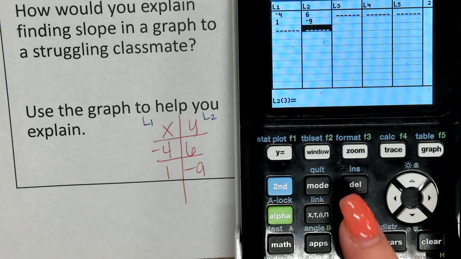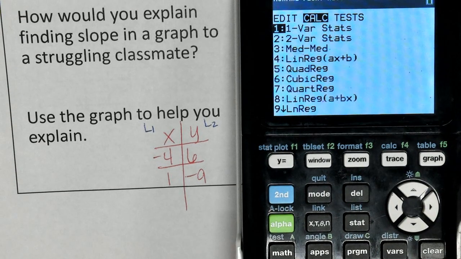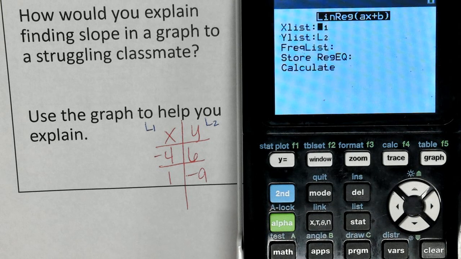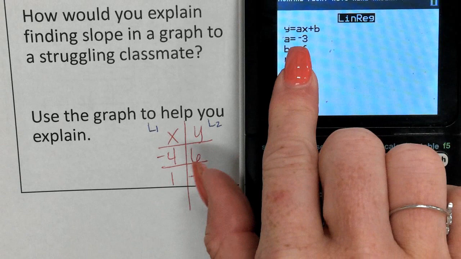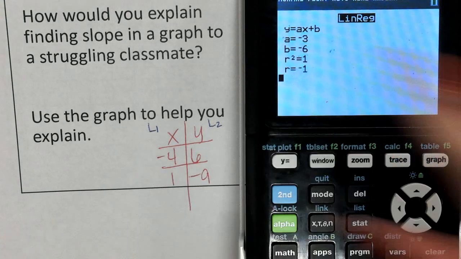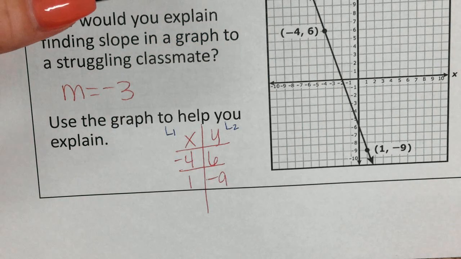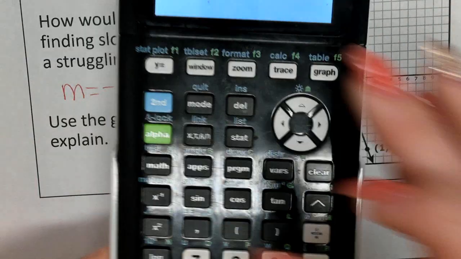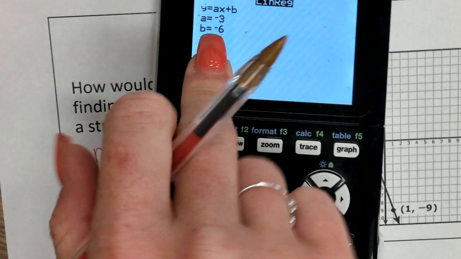Then you would hit stat again, calculate, so over 1, option 4, and your slope is the A, -3. So the slope was -3. The y-intercept was -6, the B.